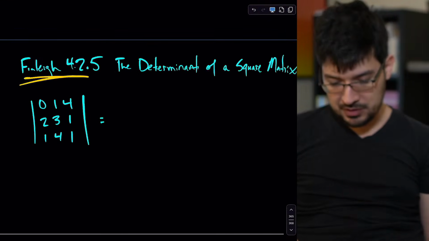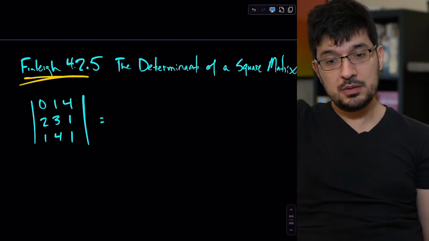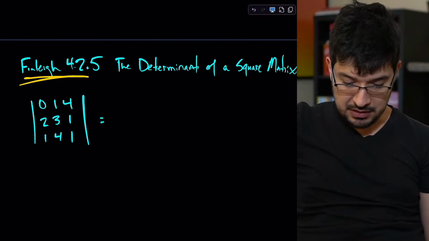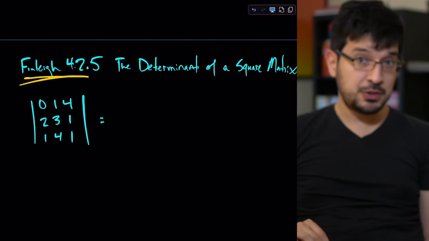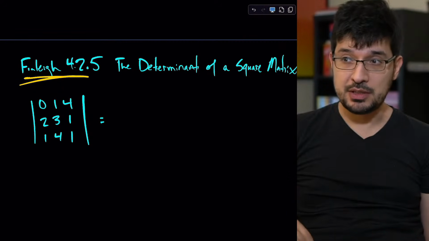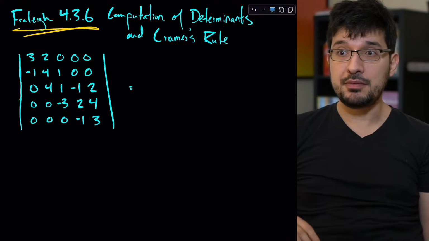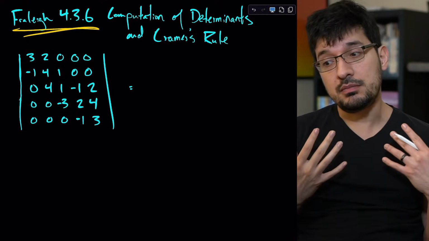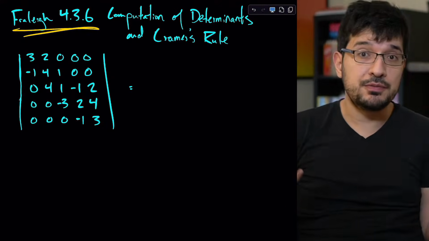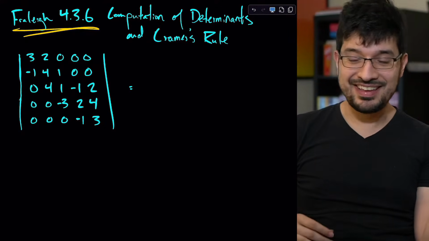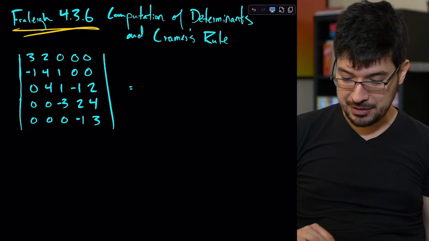We're going to solve this one from the definition of a determinant, and maybe a special rule for 3 by 3 determinants. And then in this section, I'm going to mention a couple of the properties that we can prove through theorems to simplify our lives and make it much faster.